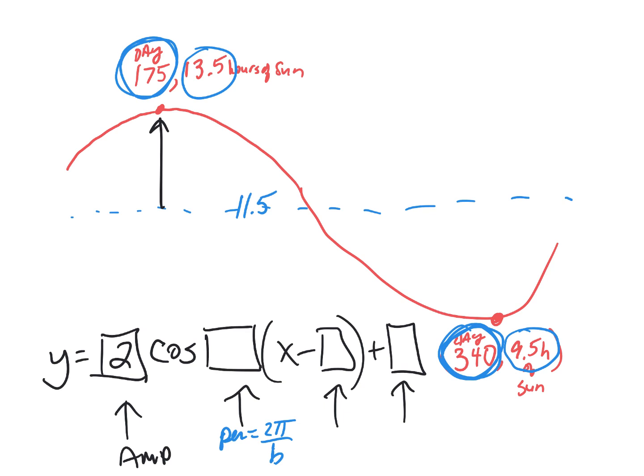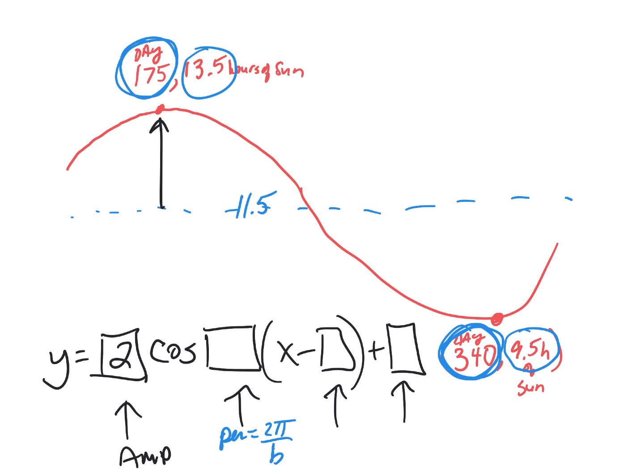Okay, so then if I say it's 175 and 340, has anybody already done the math on this? All right, then I will grab my calculator and figure out what is 340 minus 175. 165, and then it's not 165 though.